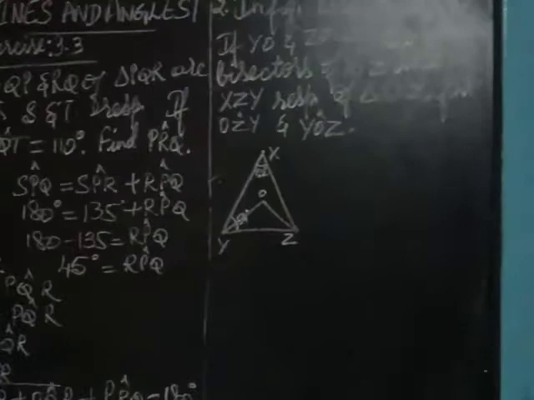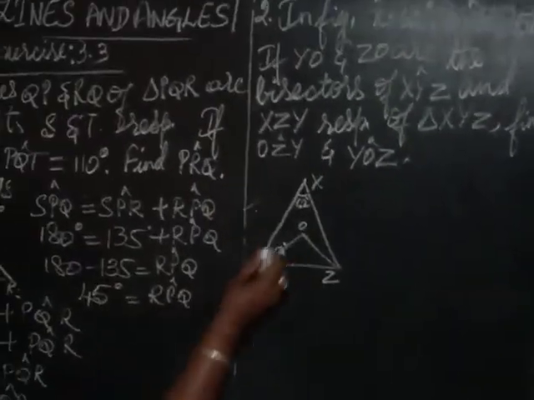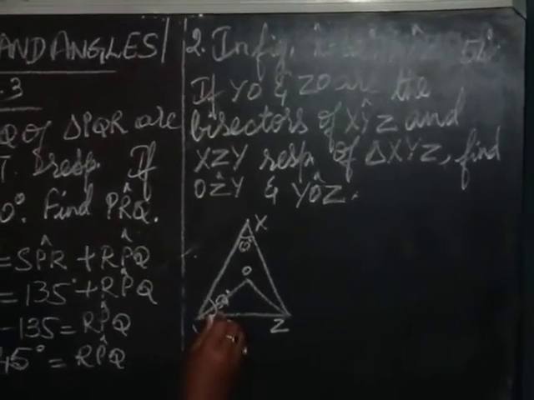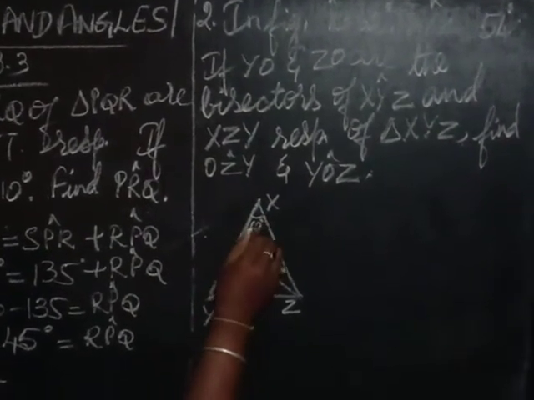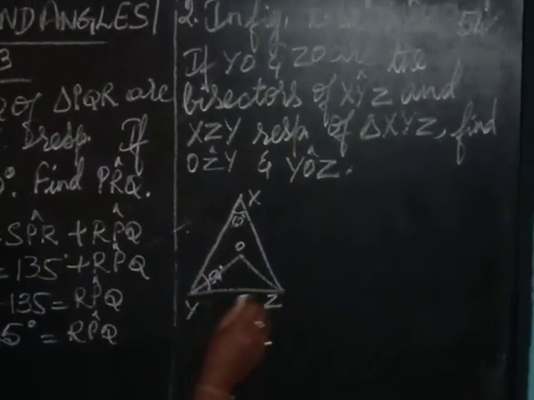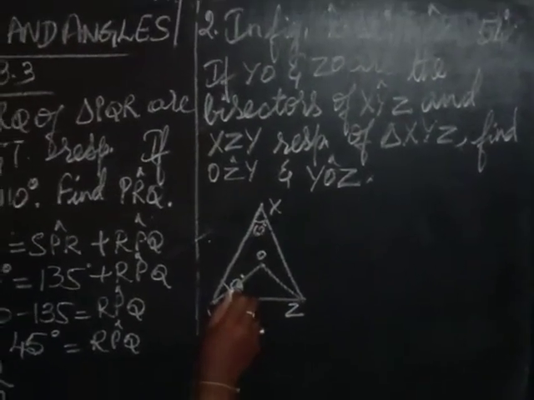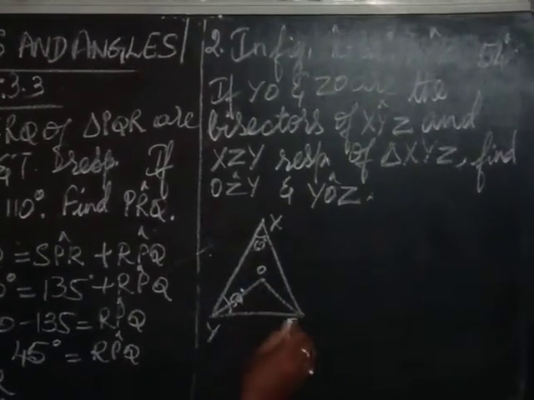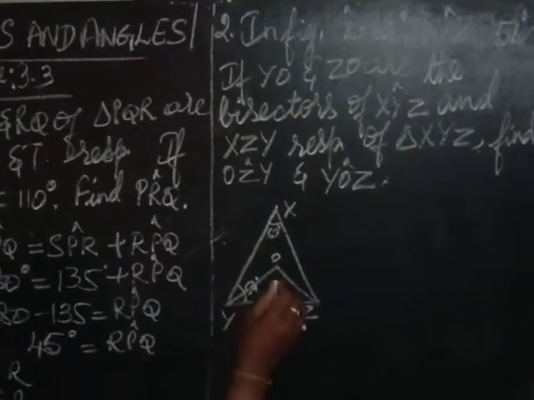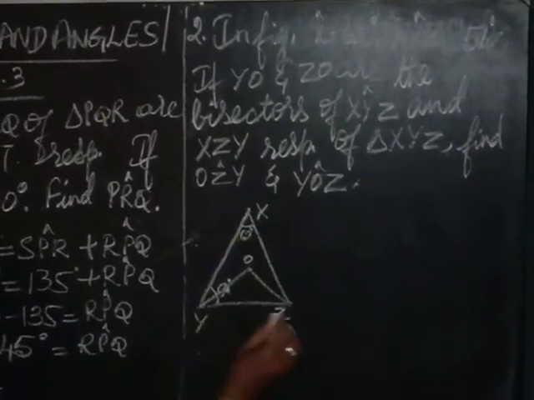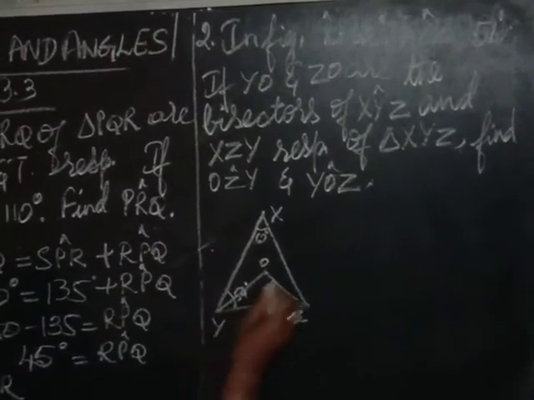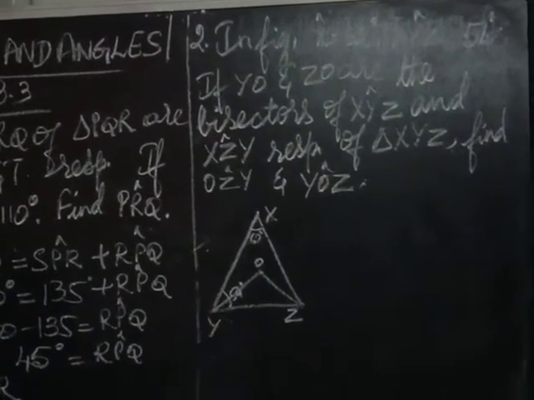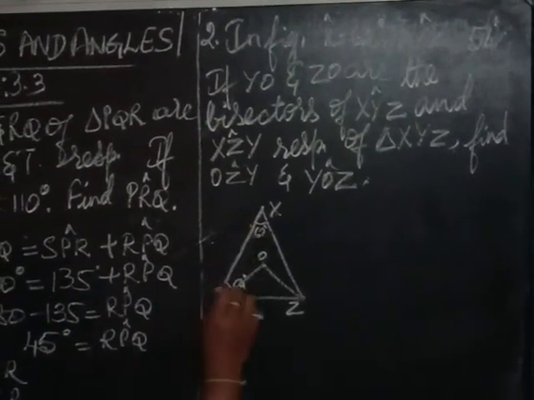That is the second one. In the figure, XYZ is a triangle. Angle X is given 62 degree, angle XYZ is given 54 degree, and YO and ZO are the bisectors of angle XYZ and angle XZY respectively of triangle XYZ.